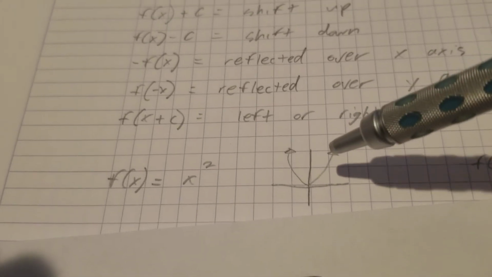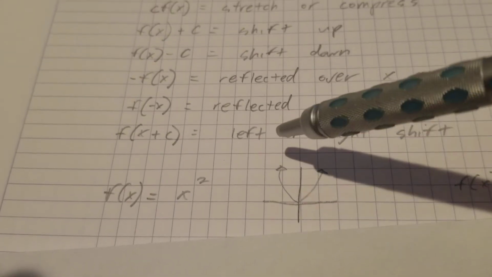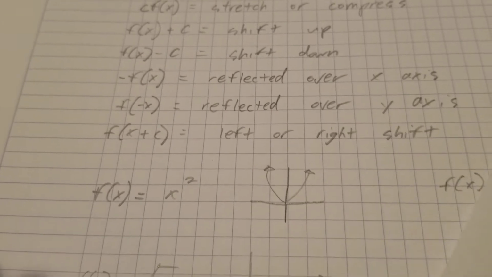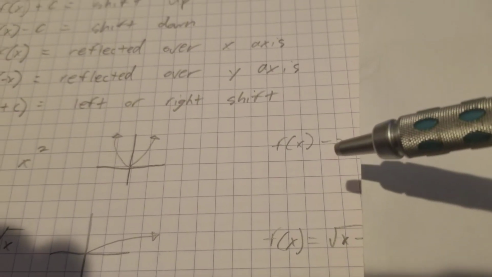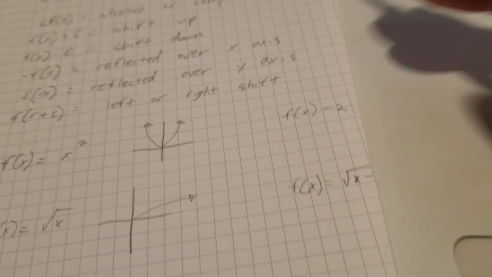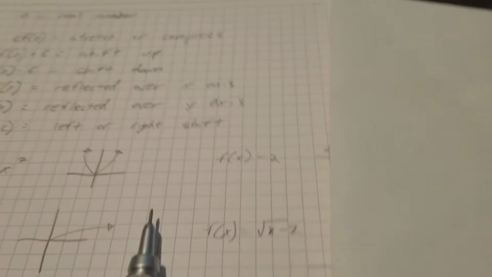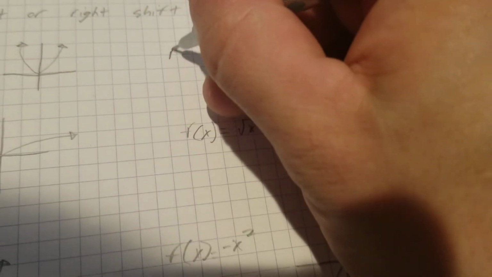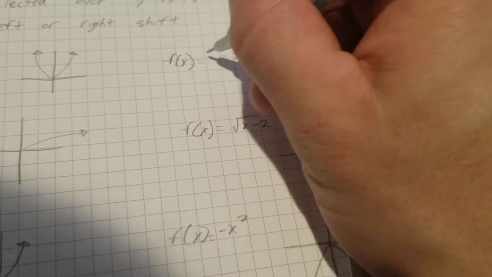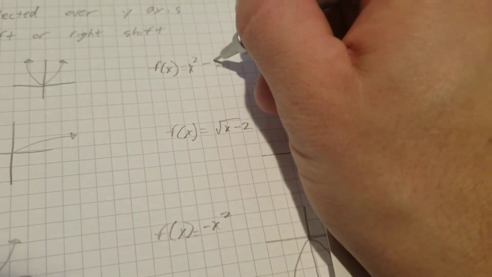So we know this one. This is our classic parabola. I made a little mistake here. Sorry, this should be f of x equals x squared minus 2.